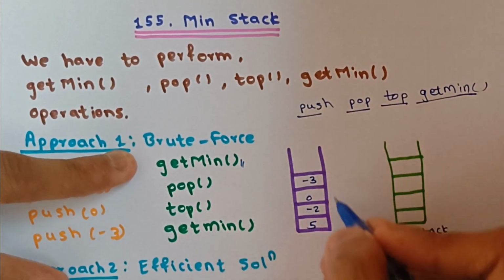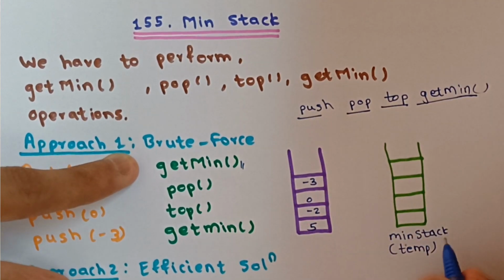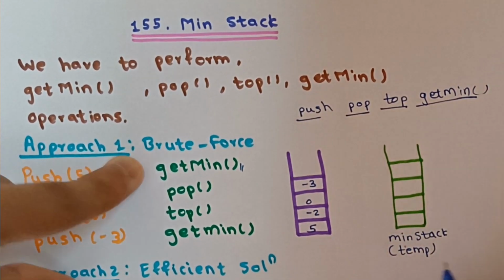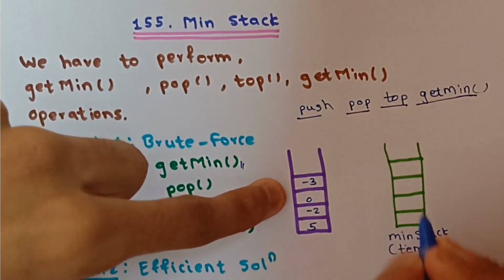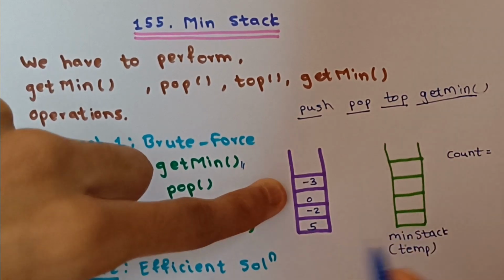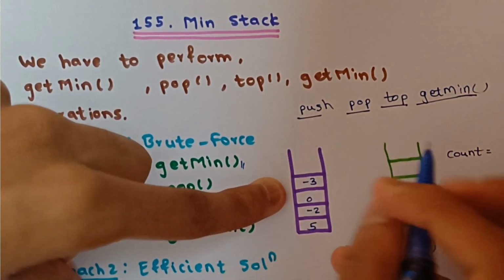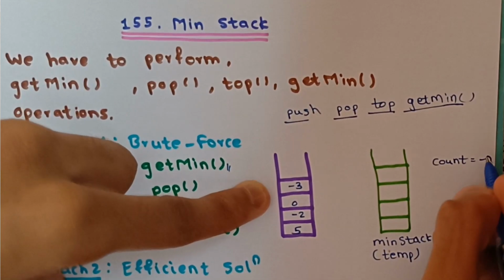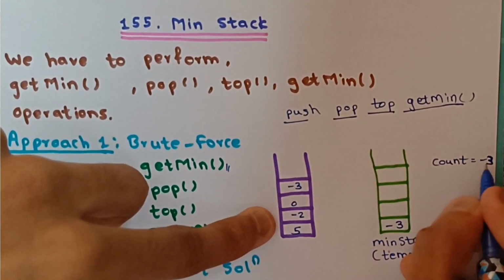So how will we find the minimum from this stack? Simply we will create one temp stack, and we will put all of these elements into it. We will take one count variable to store the minimum value. First we take -3 and put it into count. Then 0, which is not less than -3.